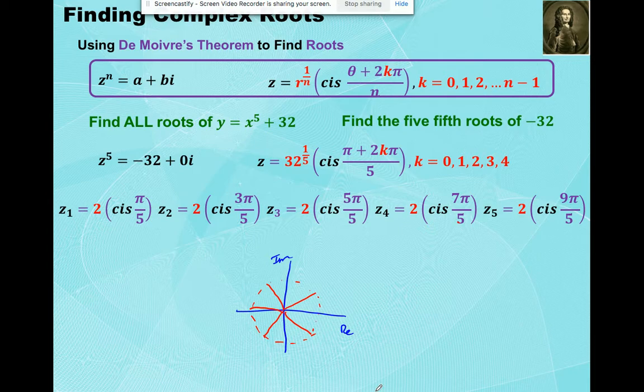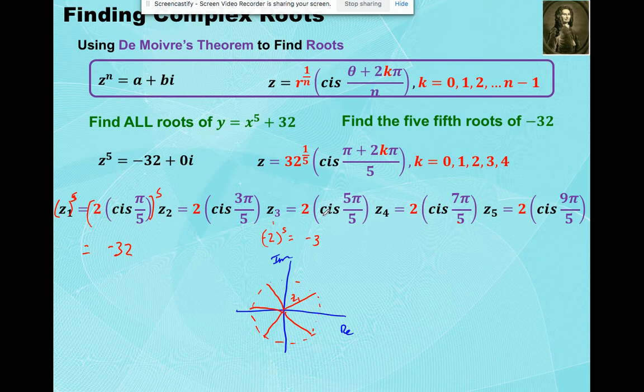And more importantly, conceptually, if you took any one of these complex numbers, either in polar or in rectangular form, and you raised it to the 5th power, you would get -32. Obviously here, Z3 was equal to -2.